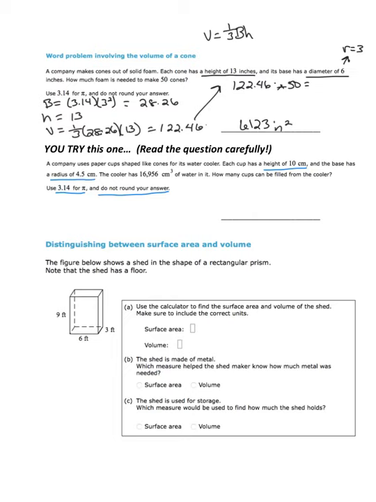All right. Big B base equals 3.14 times the radius squared. All right, 4.5 squared times 3.14, 63.585.